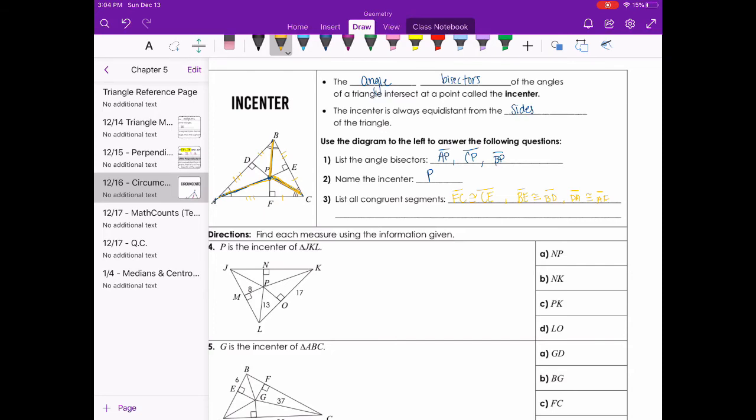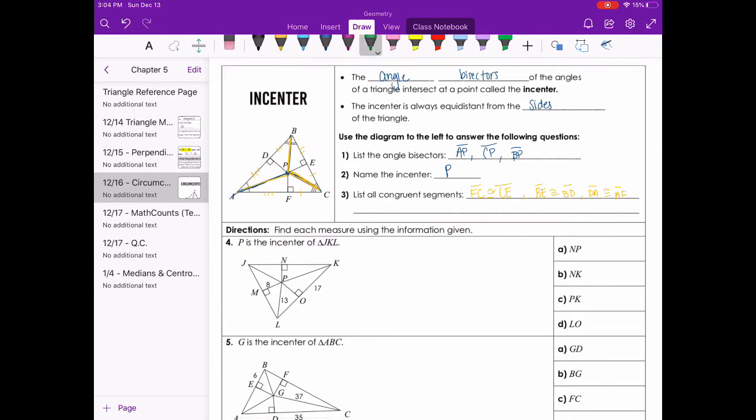And then because the incenter is equidistant to every side of the triangle, I would know that line DP is congruent to line EP, which is also congruent to line FP.